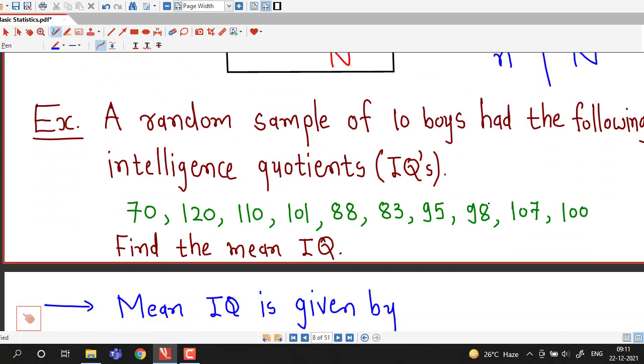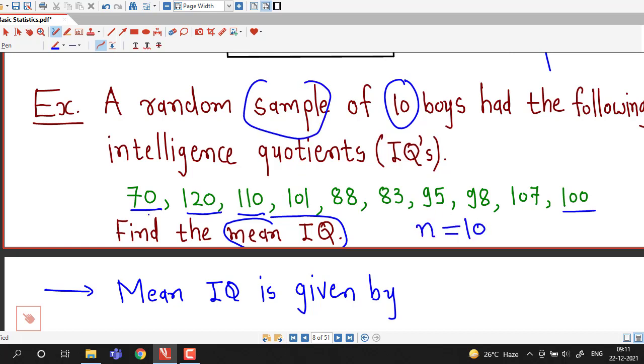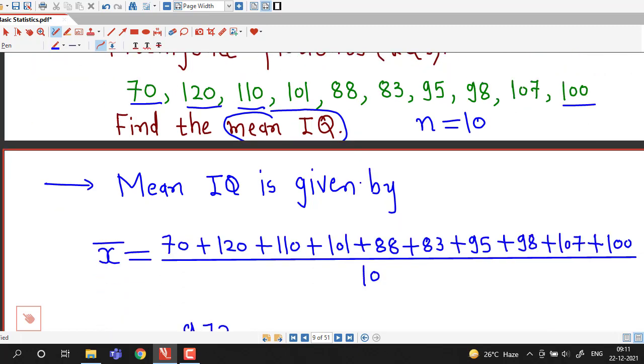Here we have taken a simple example. A random sample of 10 boys had the following intelligence quotients 70, 120, 110 and so on. So there are 10 intelligence quotient values and we are asked to find the mean intelligence quotient. Here we have a sample of 10 boys, so the value of n is 10 and the mean is given by the sum of all these values divided by 10.